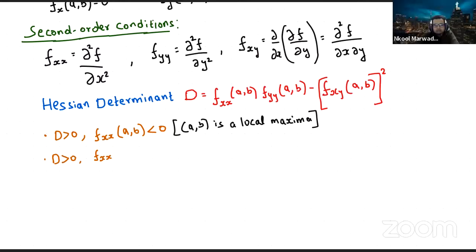If both are positive, what it means? It means that A comma B is a local minimum. And you have to remember all this, because in the exam, very easily you can expect a maxima minima question.